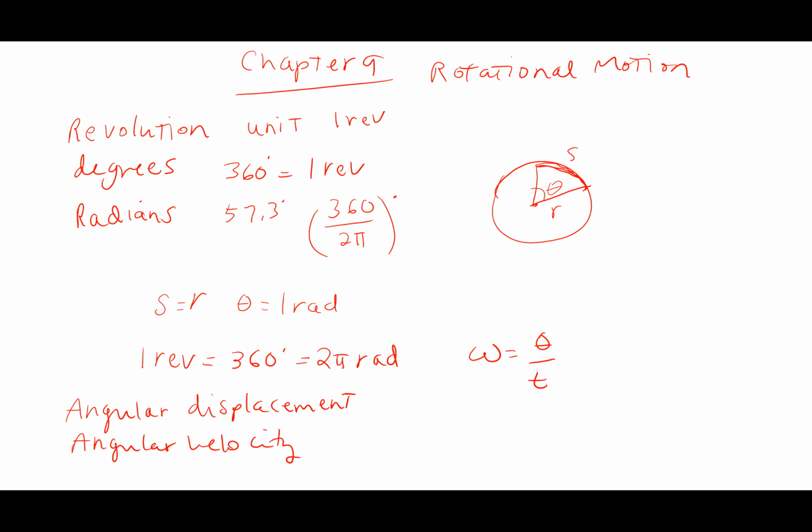Okay, so let's look at a problem. A motorcycle wheel turns 3,600 times while being ridden for 6.40 minutes. What is the angular speed in revs per minute? Okay, so let's write down what we need. Our time is 6.40 minutes.